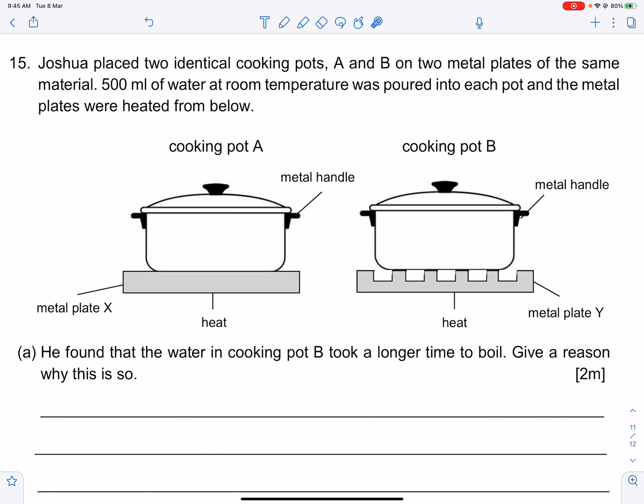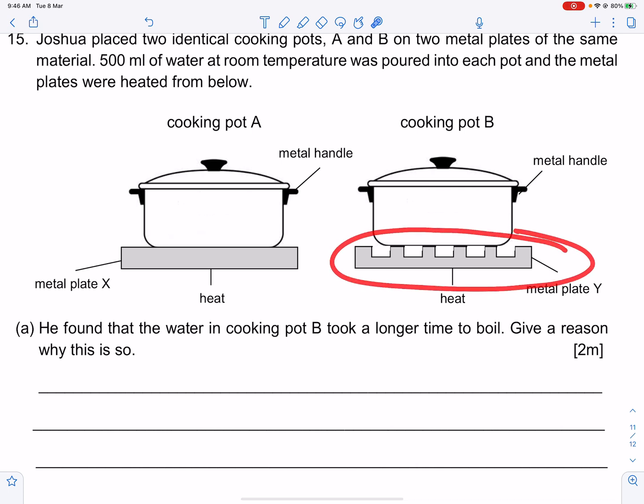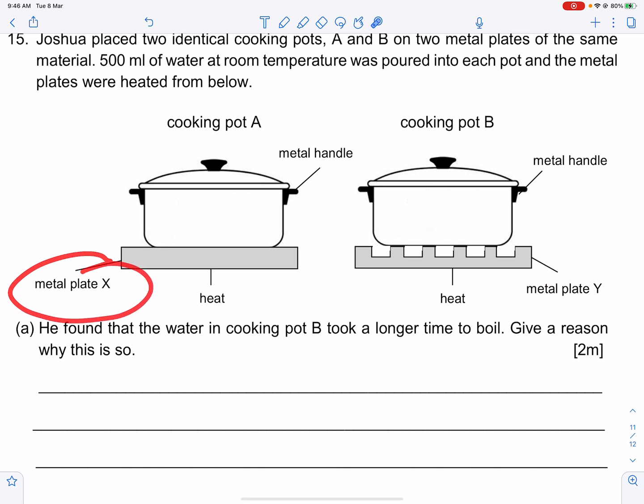Now, so you take a look at these two items. You look at these two experiments. The main difference between these two would be that your metal plate Y and your metal plate X are different.